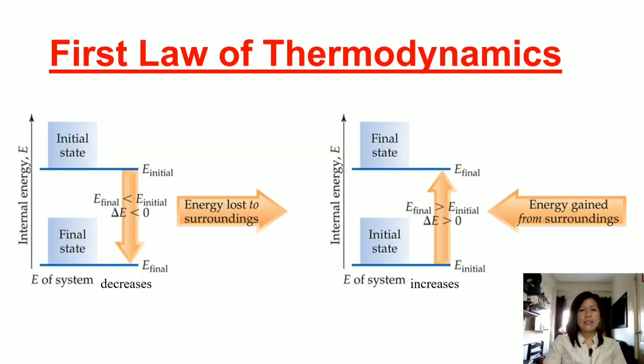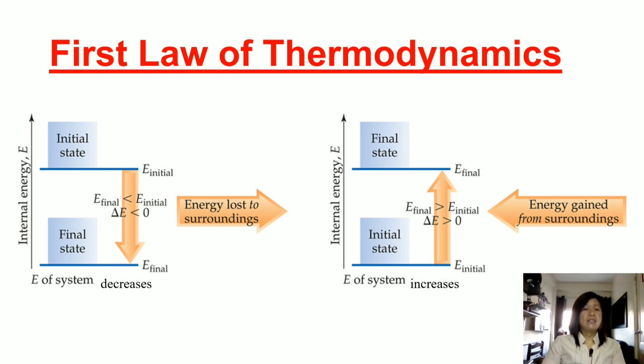Meanwhile, let's take a look at these two illustrations. In the first illustration, you can see the concept of internal energy denoted by capital E. In the initial state, there is a certain amount of energy.